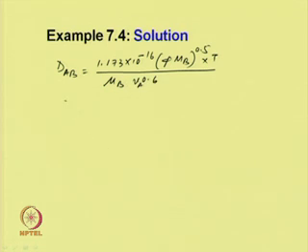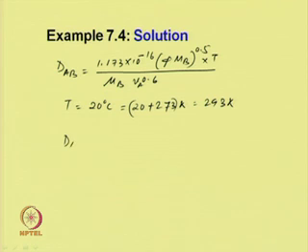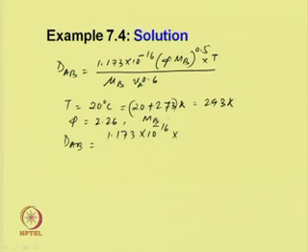The temperature is 20 degrees centigrade, which is 20 plus 273 Kelvin. So, 293 Kelvin. So, if we substitute, DAB would be 1.173 into 10 to the power minus 16 into association factor phi, which is given 2.26, and Mb is 18 for water.